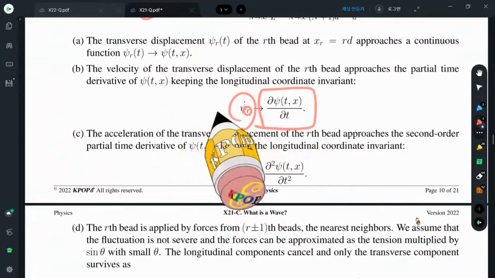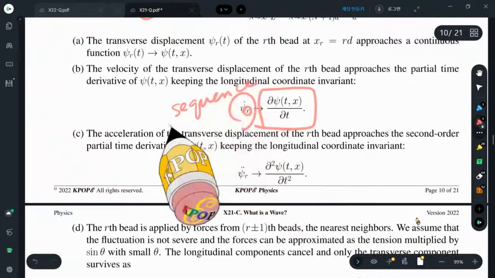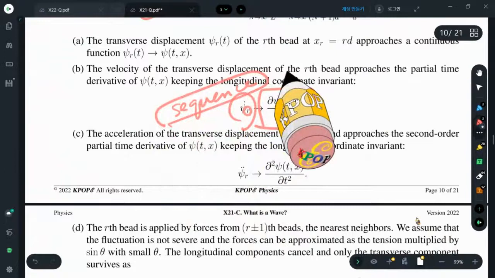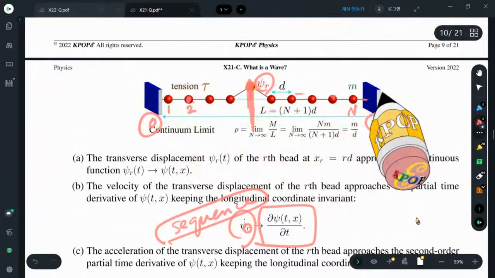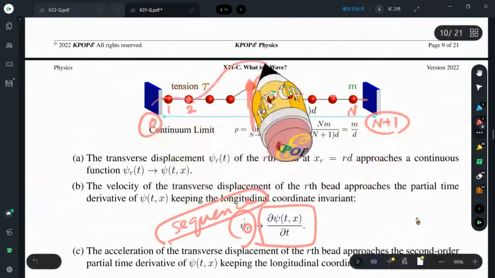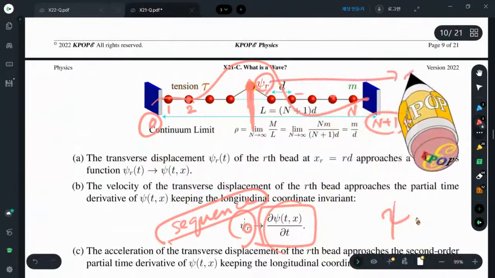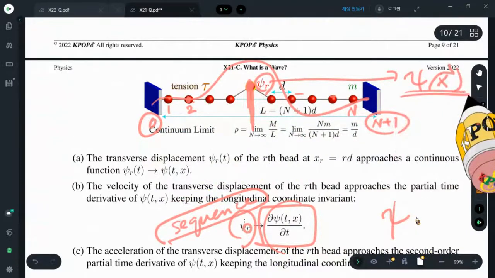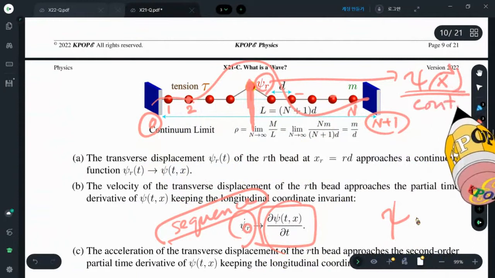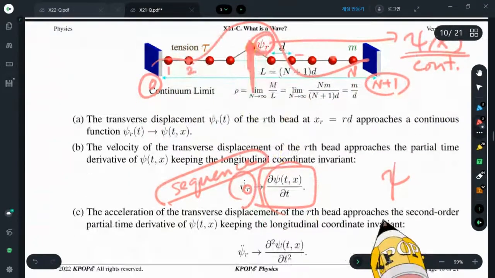So this is a sequence, and this sequence distributed over the space is to be replaced with a wave function psi that is a function of position. This is the continuum limit of the discrete model.